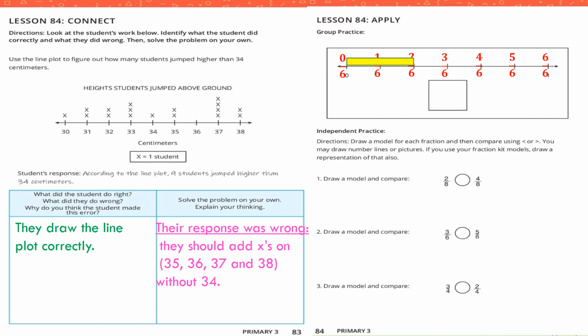The first way: crazy fractions or normal fractions? It's normal fractions. Why? Because the denominators are the same. So, which is bigger in normal, 4 or 2? Yes, 4. So, 4 over 8 is bigger than 2 over 8.